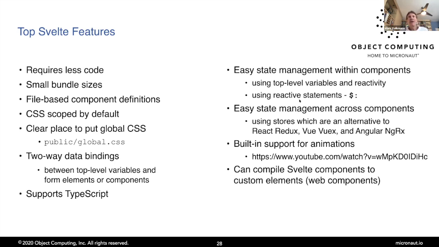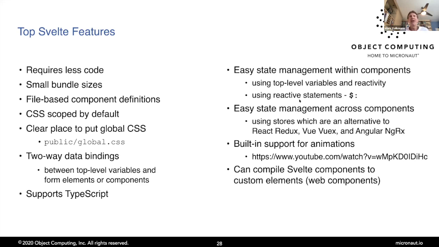A big feature for me is the way state management works in Svelte. So in other frameworks, there's ceremony that you have to go through to identify what is it in this component that I consider to be my state. And there are two kinds of state to think about. There's the state within a component and then the state that is supposed to be shared across components.